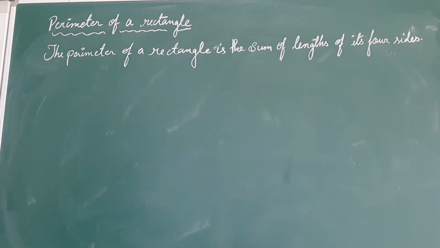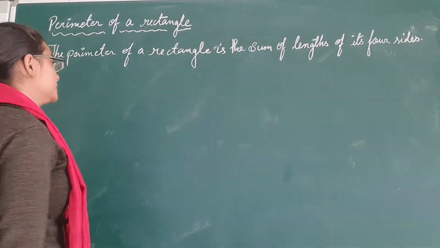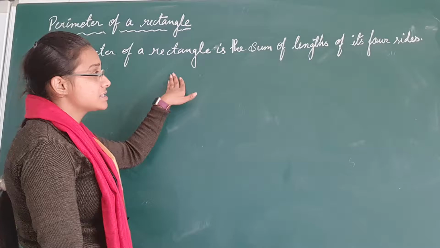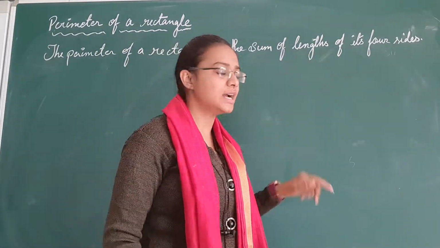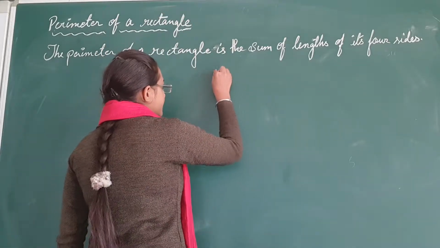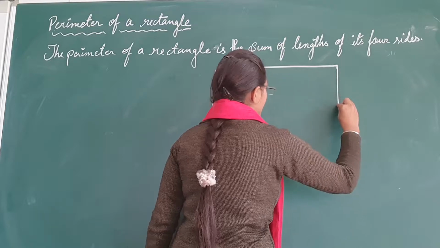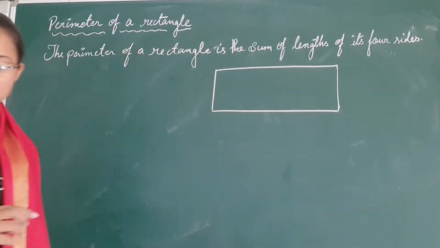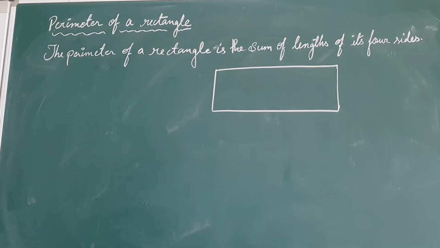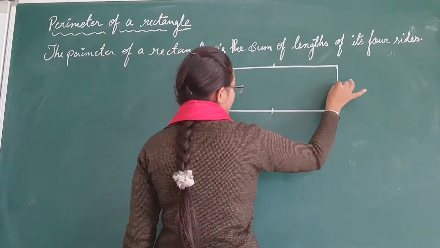So next it is perimeter of a rectangle. The perimeter of a rectangle is the sum of the length of its 4 sides. As you know that in a rectangle there are 4 sides. In a rectangle, you also know that opposite sides are equal.